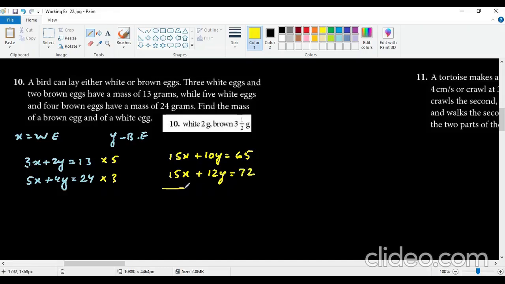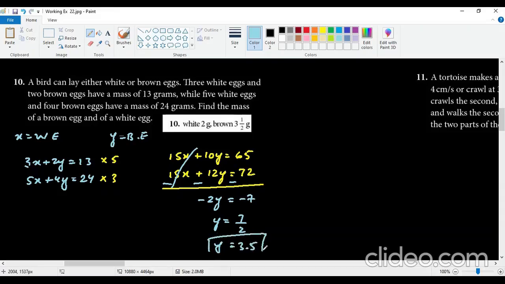Now subtracting these equations, 15x cancels, and this is going to give us minus 2y equals minus 7. Minus signs will be ignored, and 7 over 2 gives us 3.5.